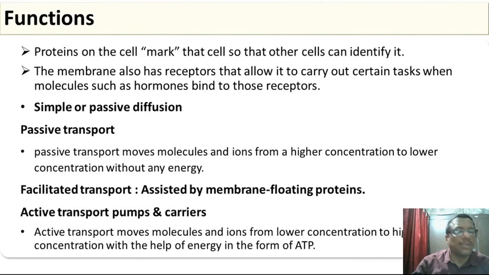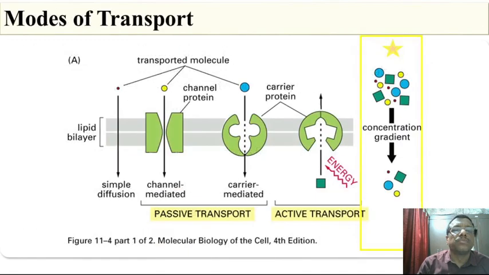And it also carries out facilitated transport. Facilitated transport means transport assisted by the proteins present in the lipid bilayer. So these are different types of transport.